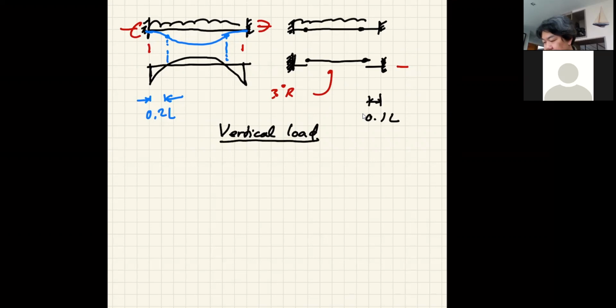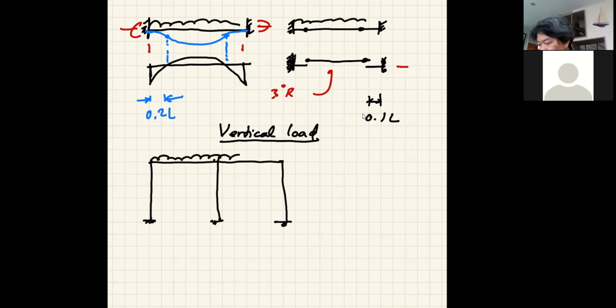Okay, so it's the same if, let's say, you have a frame. Okay, that takes care of only the vertical load. Now this frame has 1, 2, 3, 4, 5, 6, 7, 8, 9. So you have 9 minus 3, that's 6 degrees of redundancy.